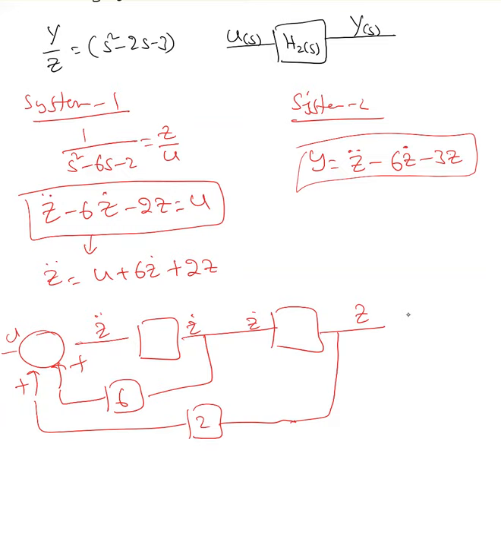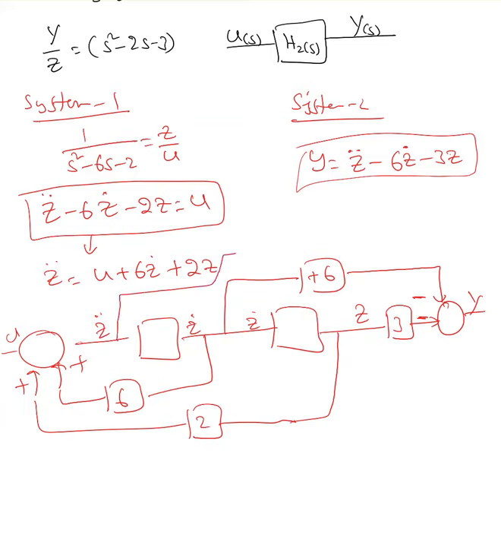Now to get y, I have to have minus 3z. Here is my y, minus 3z, minus 6z dot. It doesn't matter where you put the minus. And then z double dot, this is positive.